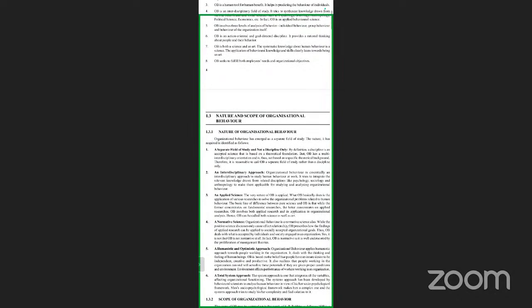Okay, so moving on to explore the nature and scope of organizational behavior. If you look at the scope, the coverage of organizational behavior, it is not a completely new discipline, but it is a separate field of study, because here we are studying individuals working in an organization, either single or in a group.